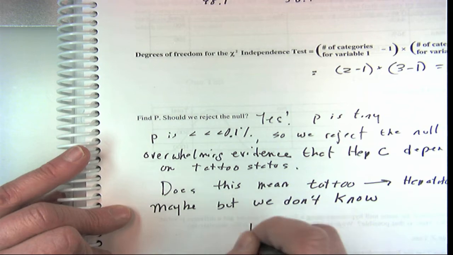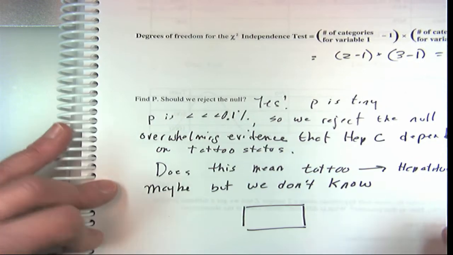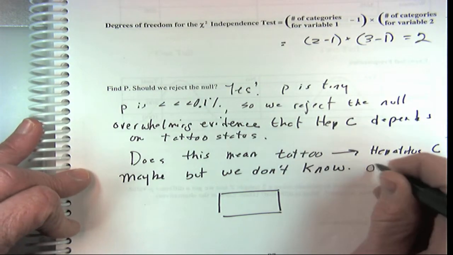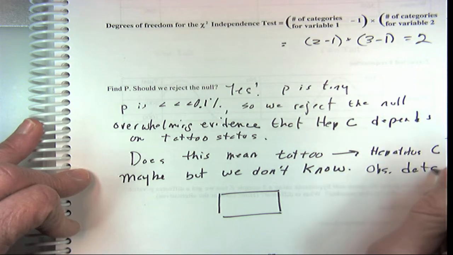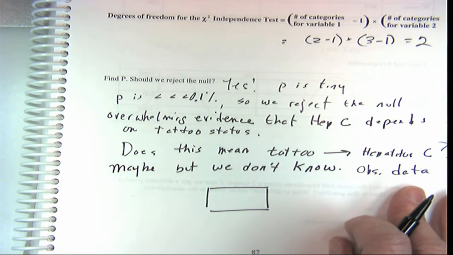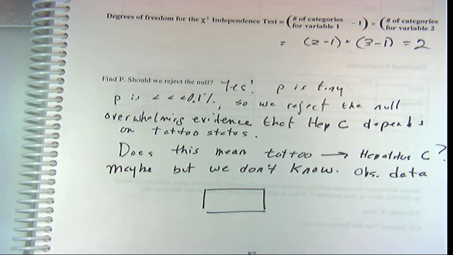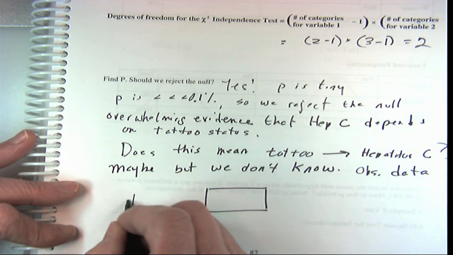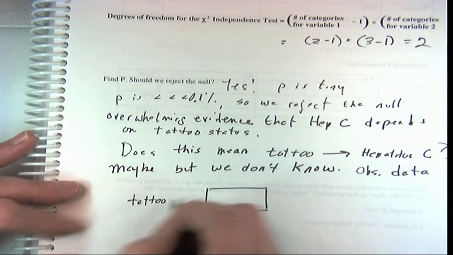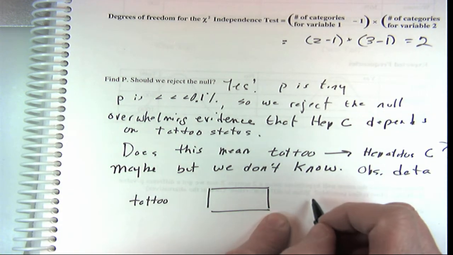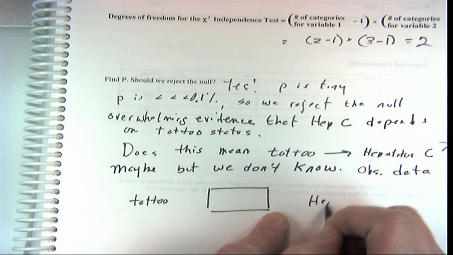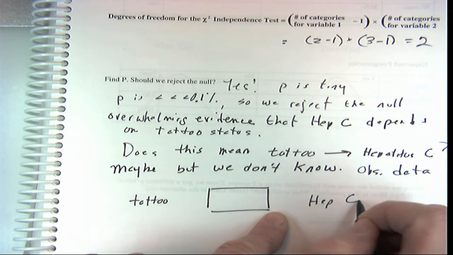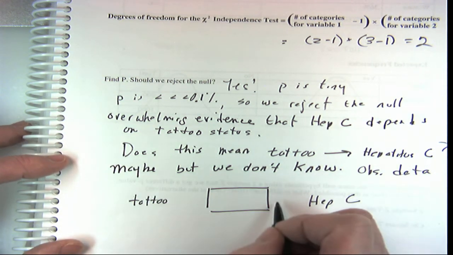There could be a confounder, right? This is just observational data. The people we're assuming are randomly selected. That's completely different than randomly assigned. So what does it mean? There could be a confounder. You have the tattoo. We're wondering if it's somehow where you get it from that causes the hep C. But there could be a confounder.